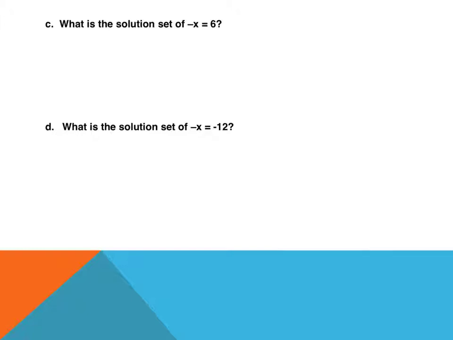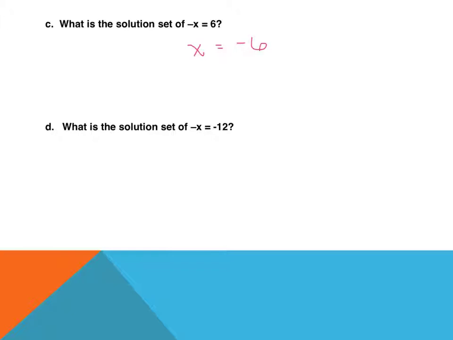Okay, so if negative x is equal to 6, then what is positive x? Well, if I take the opposite of one side, I have to take the opposite of the other side. So the opposite of negative x is x. So what is the opposite of 6? Negative 6. Same thing for D.